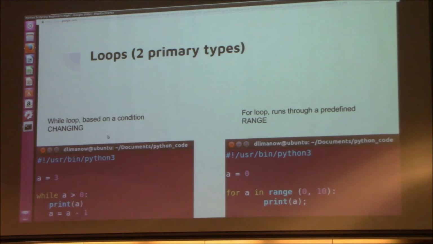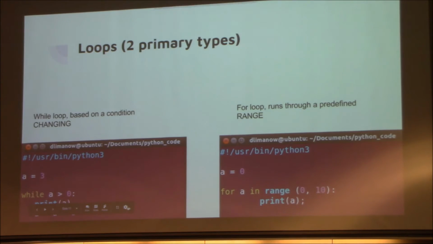Okay, so there are two primary loops within Python. The one on the left here is a while loop, and the syntax is pretty simple. Basically, you do while, and then before the colon is what it's going to check for.